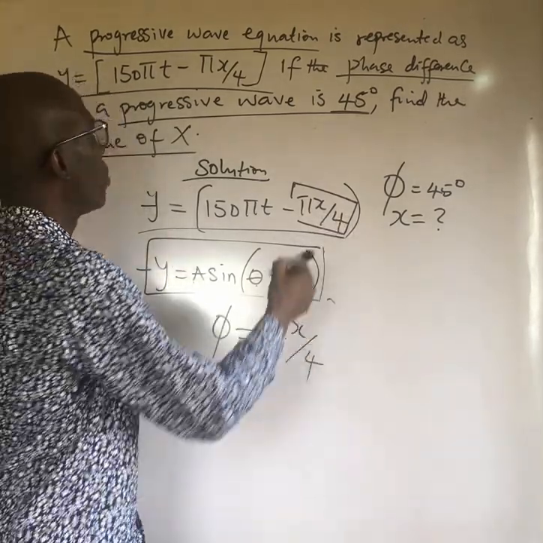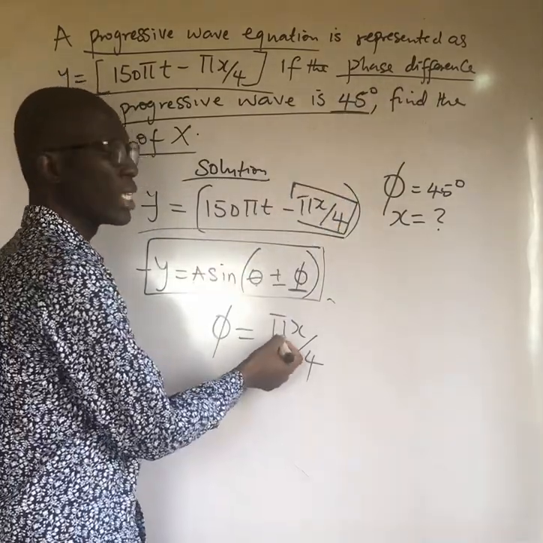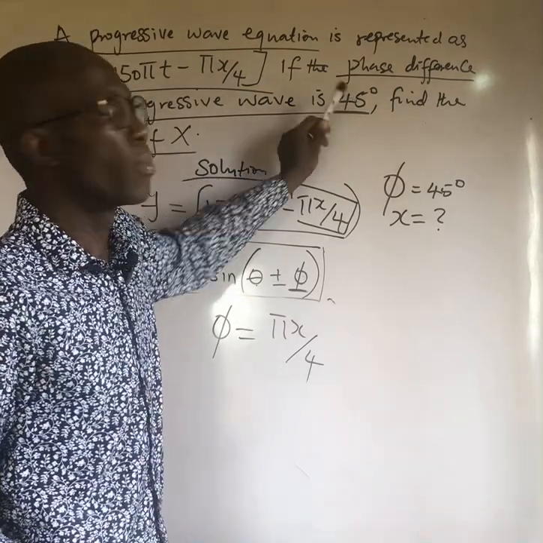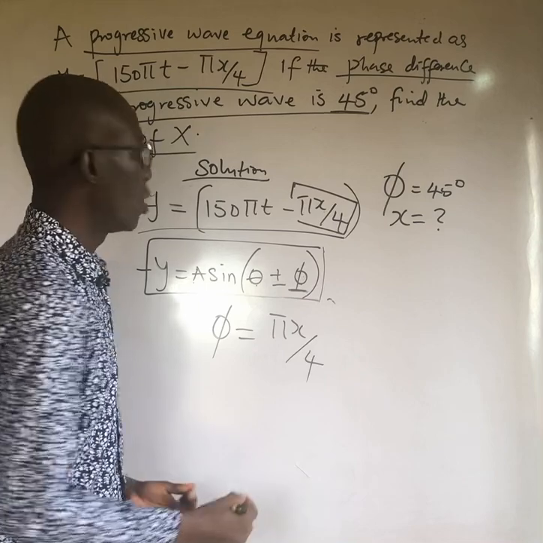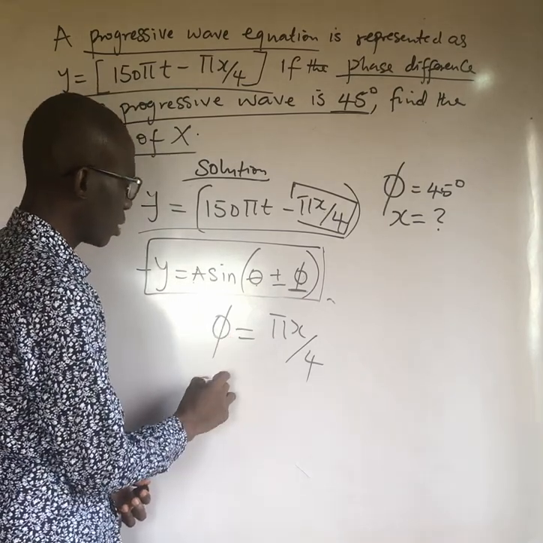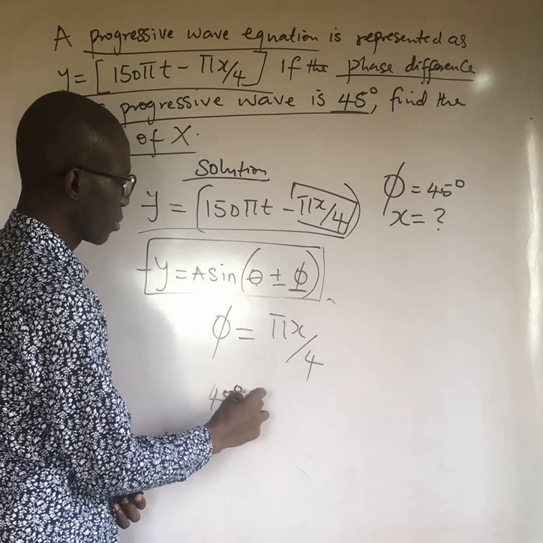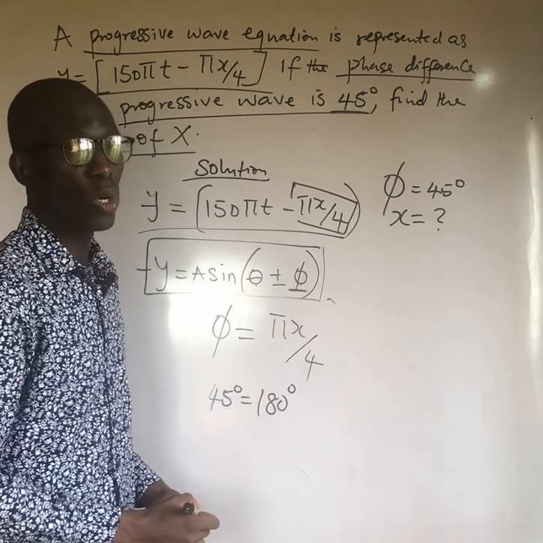All right. So we are given that the phase difference is 45 degrees, and x is what we're looking for. We are asked to find it. So we put it down: this is 45 degrees, and our pi in degrees is 180.